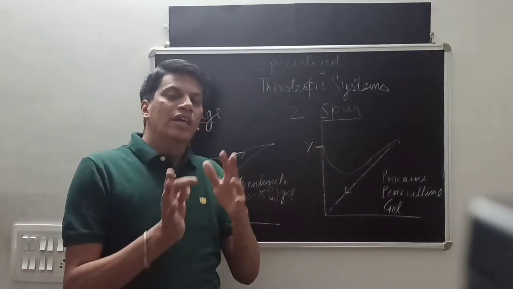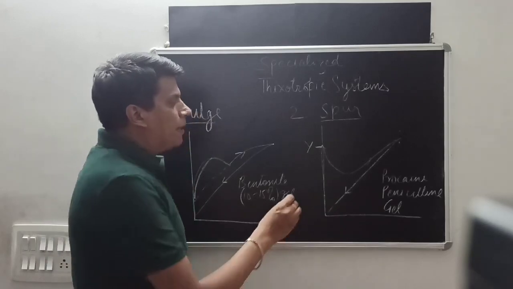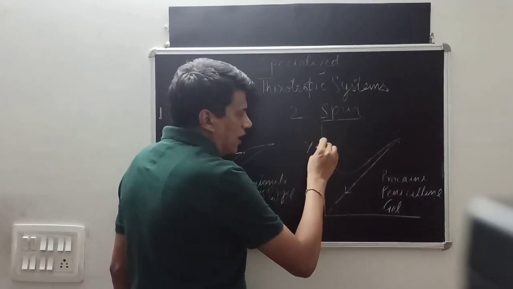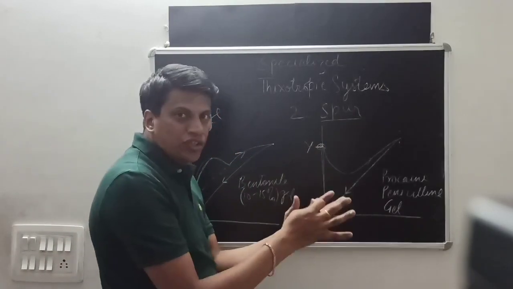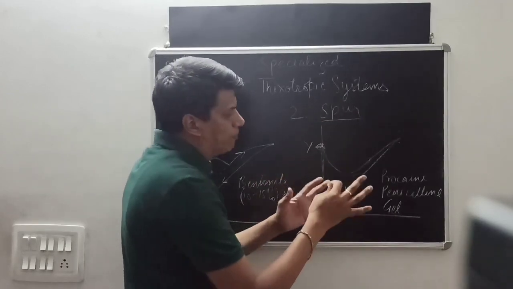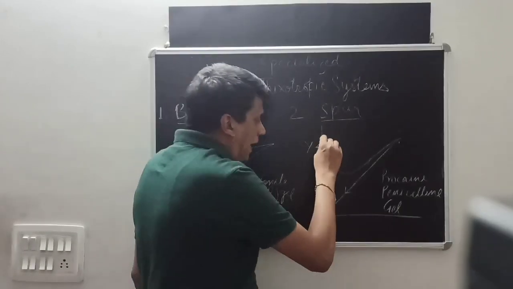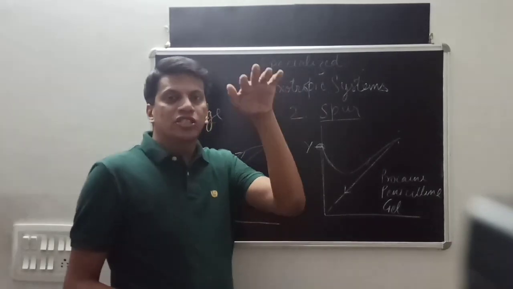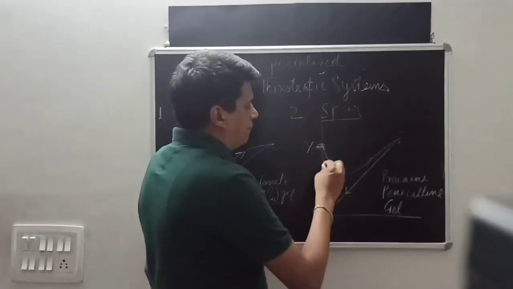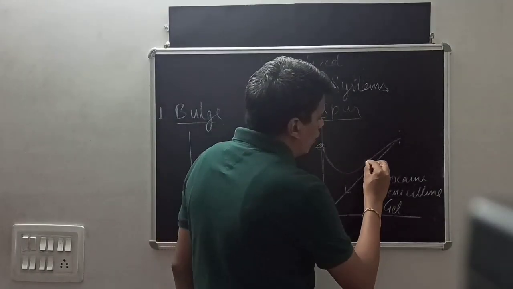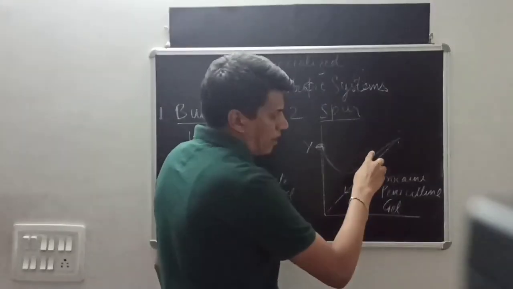So yield value is called the spur value. But when force reaches here, suddenly the 3D structure of the procaine penicillin gel breaks up, and there is a rapid decrease in the viscosity leading to formation of a spur.